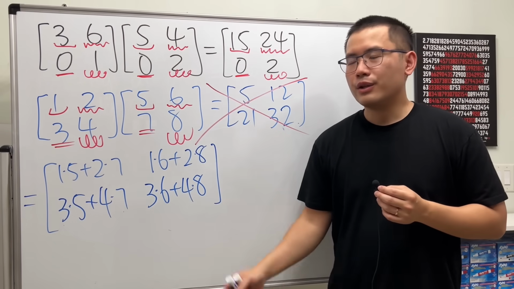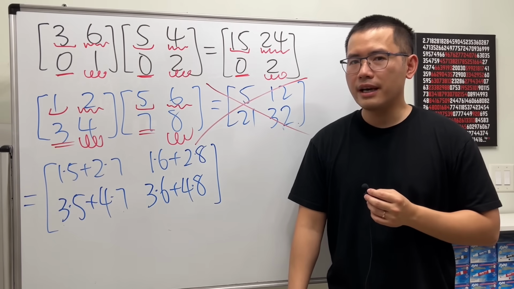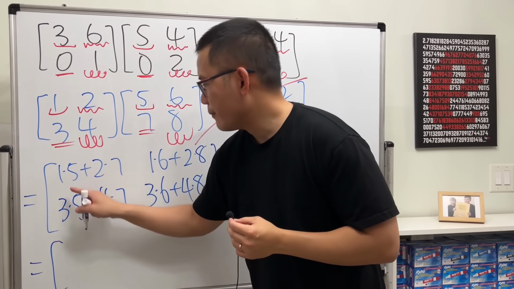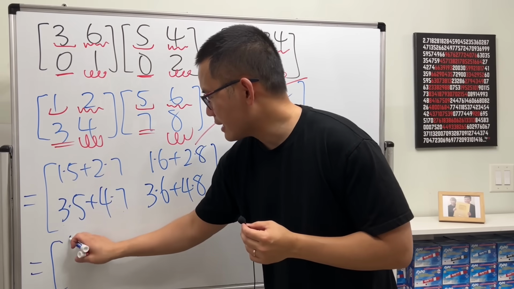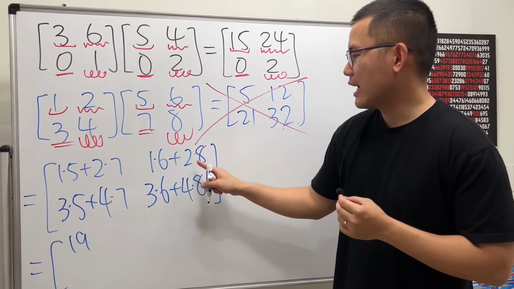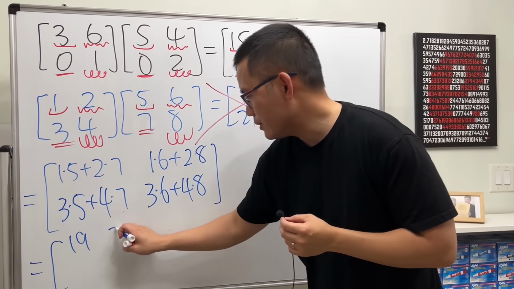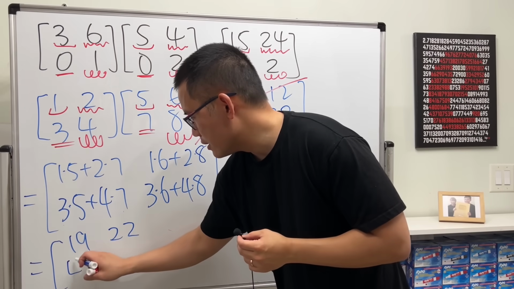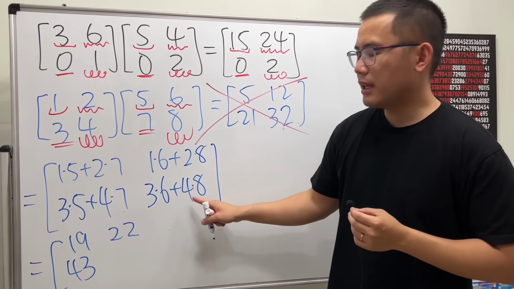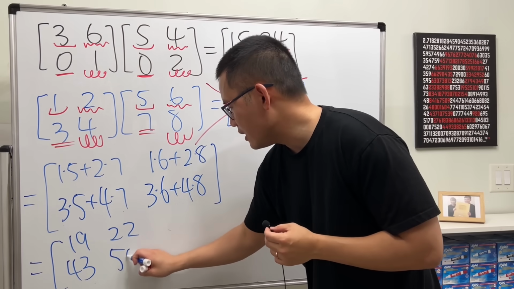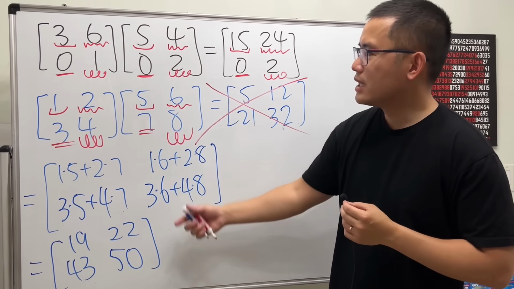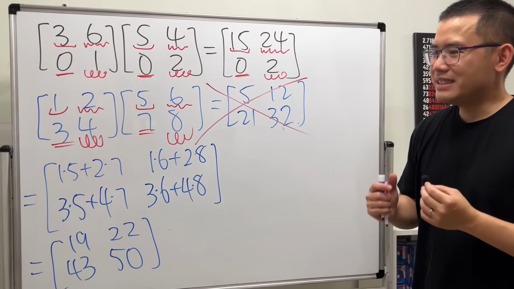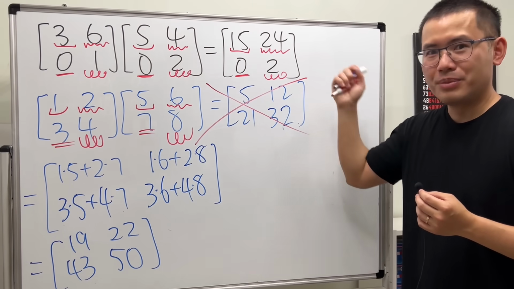So as you can see, to multiply two matrices is quite complicated, and if you just work this out, we will end up with 5 plus 14 is 19, and then 6 plus 16 is 22, and this is 15 plus 28 is 43. Finally, 18 plus 32, we get 50, and this is the correct answer when we multiply these two matrices. Now, let's go ahead and see how we can find more lucks like this, because it's fun.